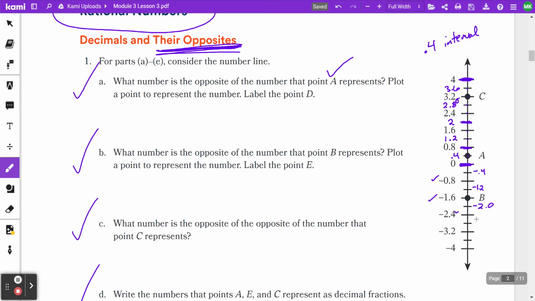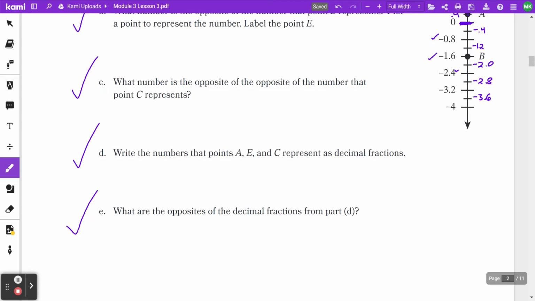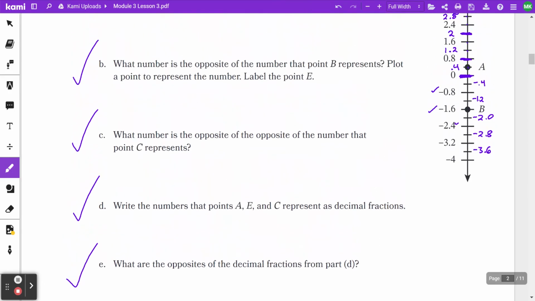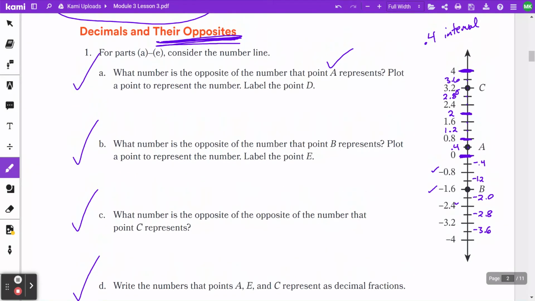If I subtract another 0.4, that should be a negative 3.6. So it's looking like my interval is a 0.4 interval, and I think it actually asks me that. If it does, terrific. If it doesn't, I'm going to use it anyway.